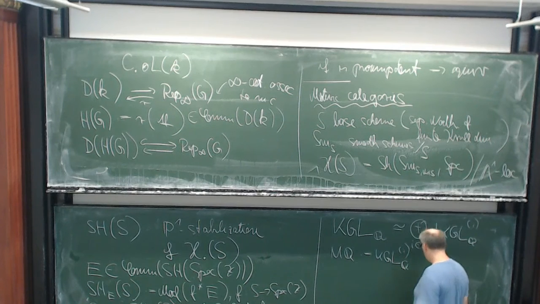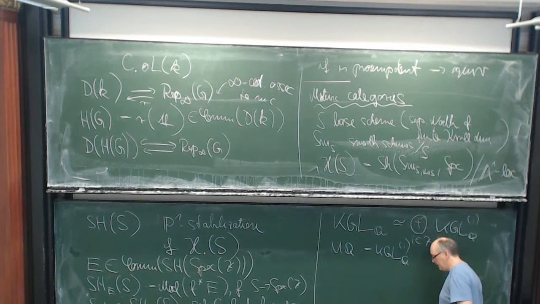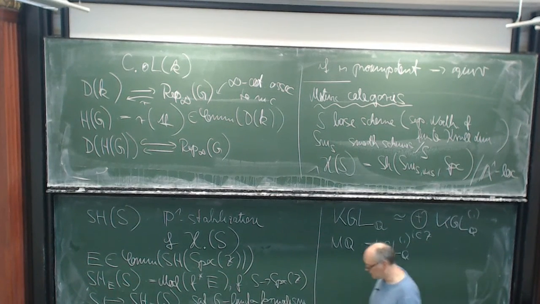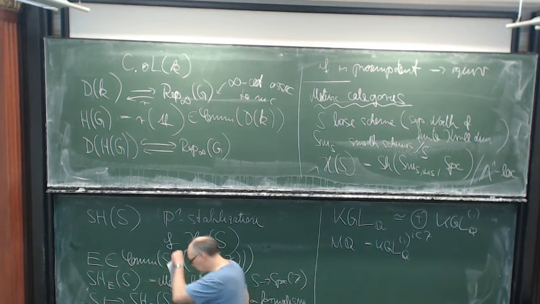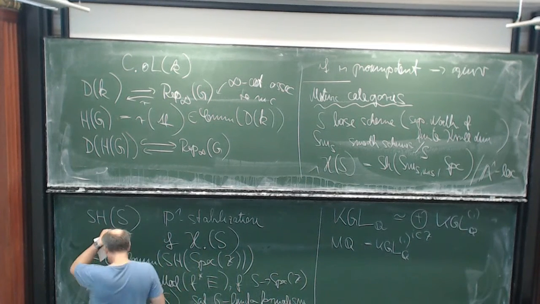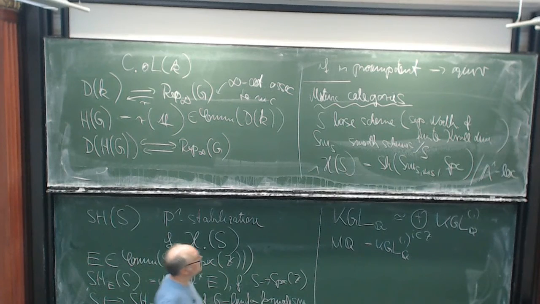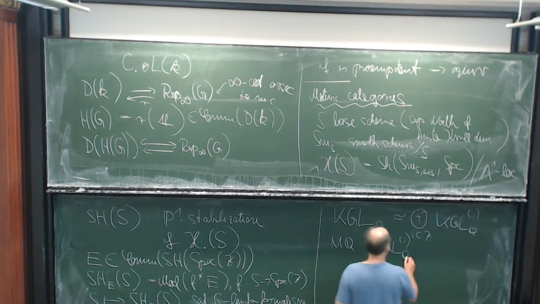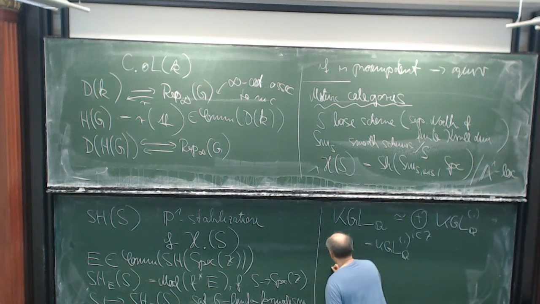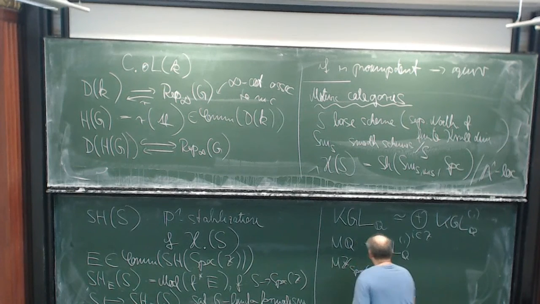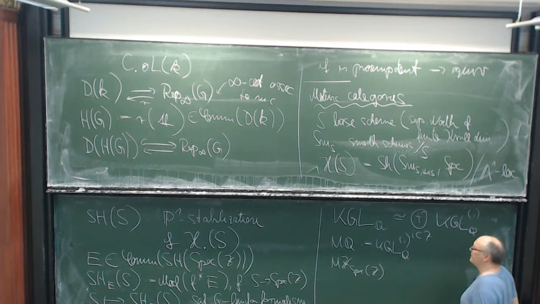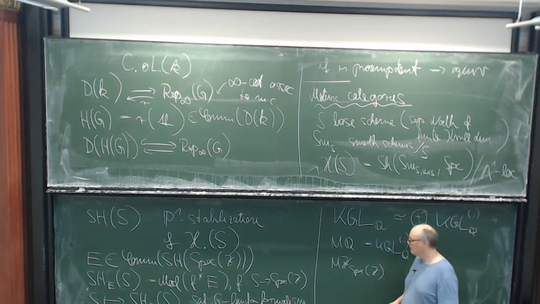But what I want to do now, because one of the main topics of these lectures, is that I want to use not only rational but integral coefficients. And then there's a version of the motivic cohomology spectrum, denoted M Z, say over Spec C, which can be obtained out of various bits together.